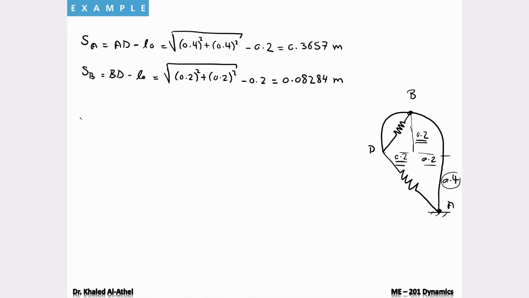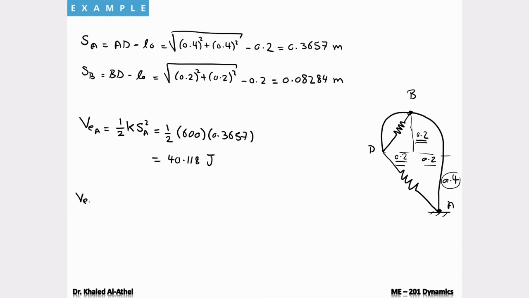Now I can write the potential energy of the springs in this case. I will go directly write V elastic at A should equal half K SA square. The expression is the same, and you can see that I always write it directly without thinking. So it is half, spring constant is given as 600, and SA we just computed to be 0.3657, and this should give me a value of 40.118 joule.